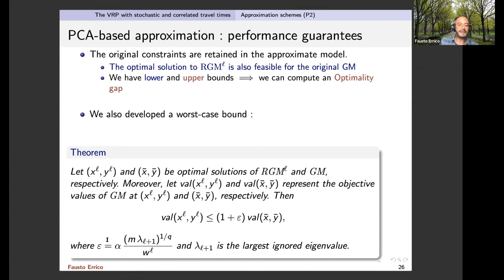And this epsilon is this expression here, where alpha is the weight in the objective function, lambda is the largest ignored eigenvalue, and m is the dimension of the space.